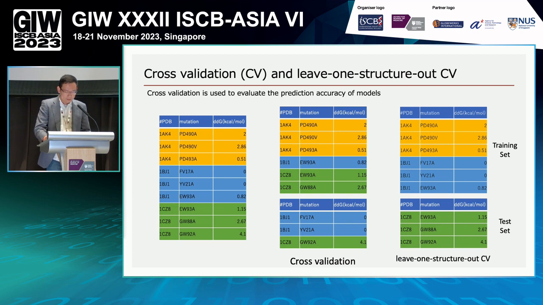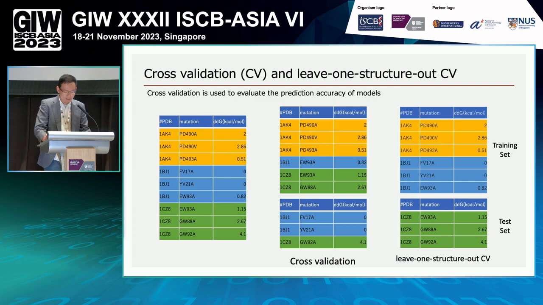So here is an example of a small dataset with 3 protein complex structures and 9 records of the delta G. In the regular cross-validation, we randomly choose 3 of the data from the dataset and train the model on the remaining 6 data and test the performance on these 3. As all of the proteins are included in the training dataset, the model can learn the protein structure and sequence during the training step.